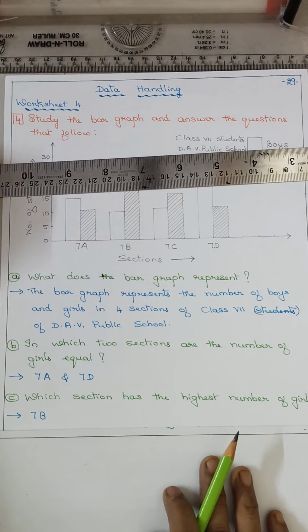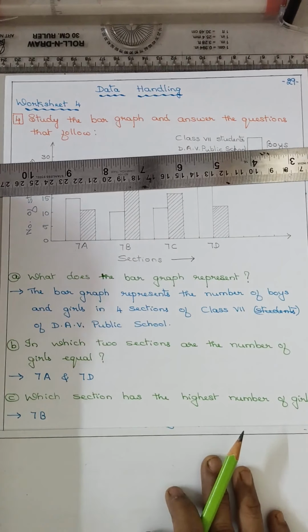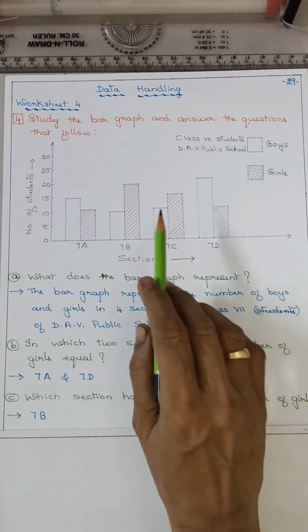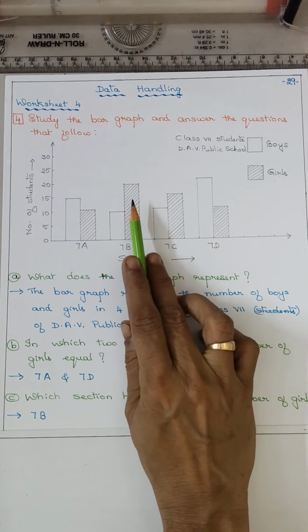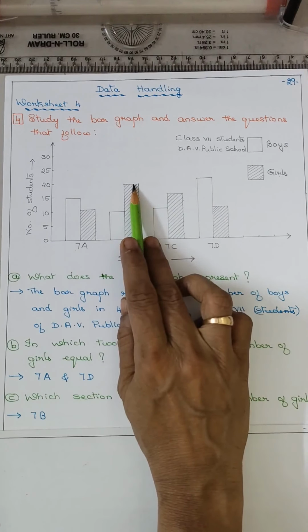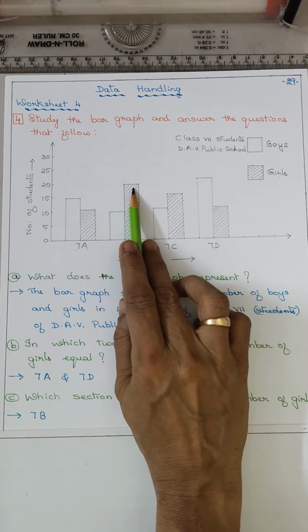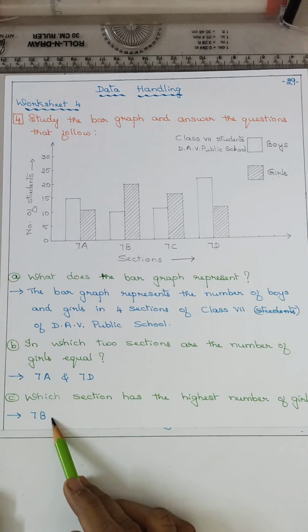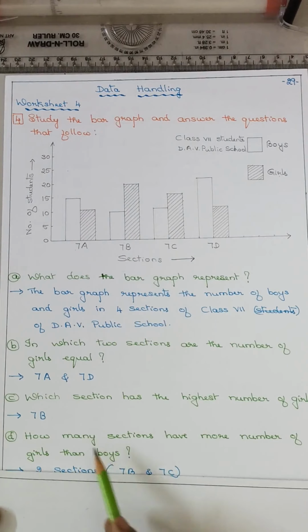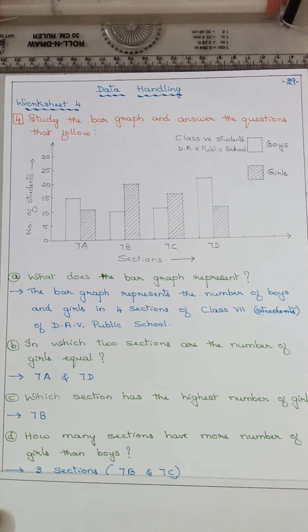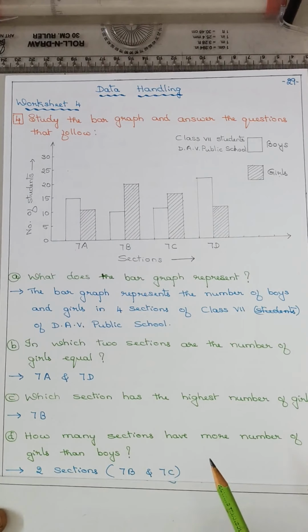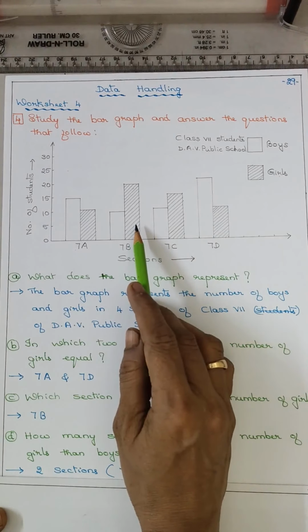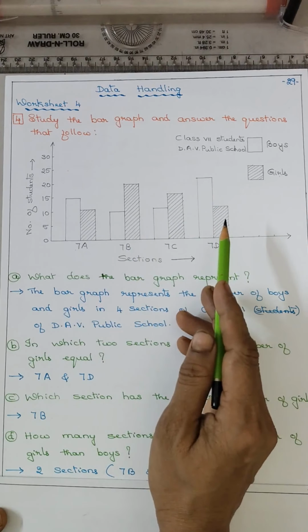Now, which section has the highest number of girls? Girls, that is a shaded one. कौन सा इसमें सबसे ज्यादा है ऊंचाई का? So this one. So that is 7B. Now, how many sections have more number of girls than boys? Shaded box कहाँ बड़ा है?